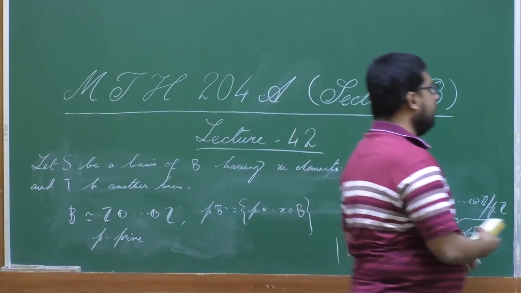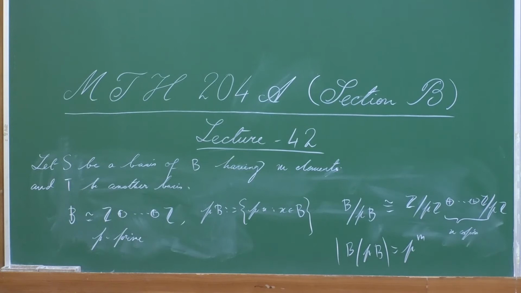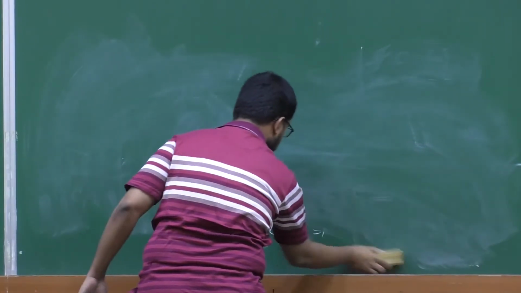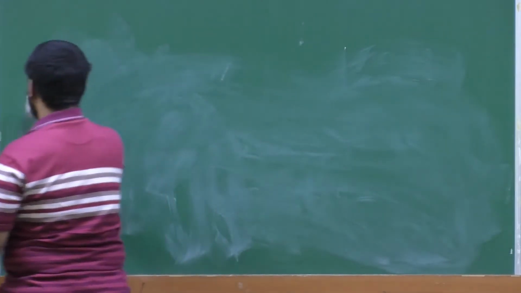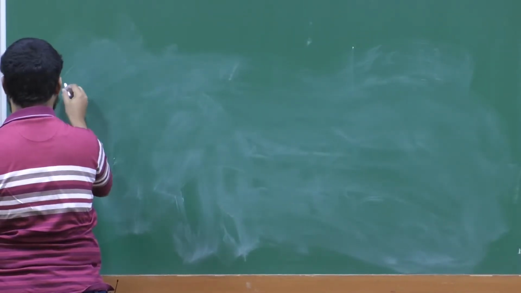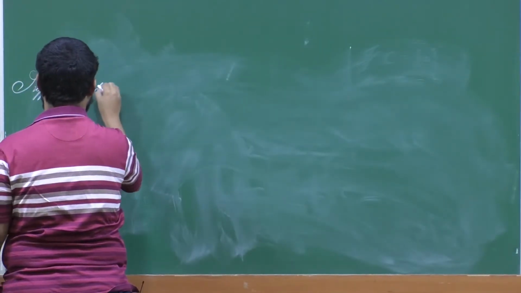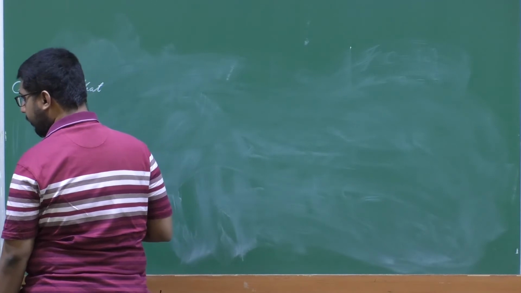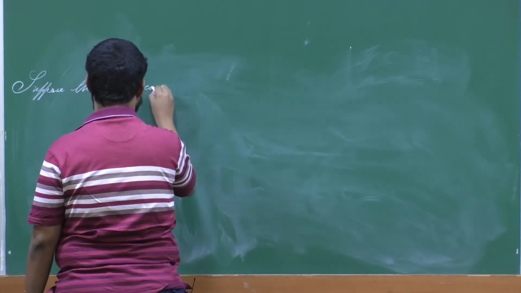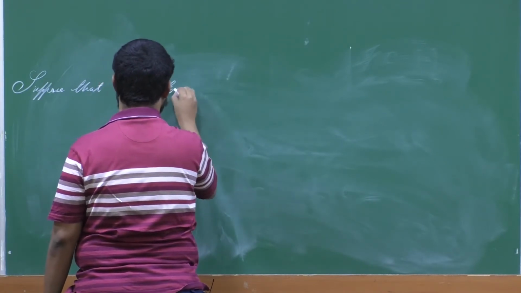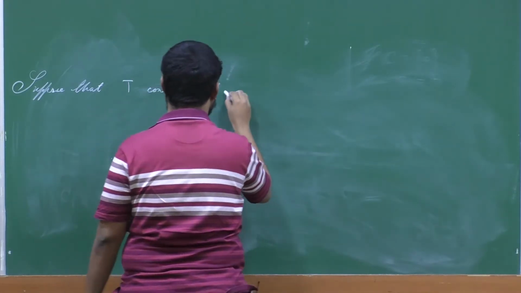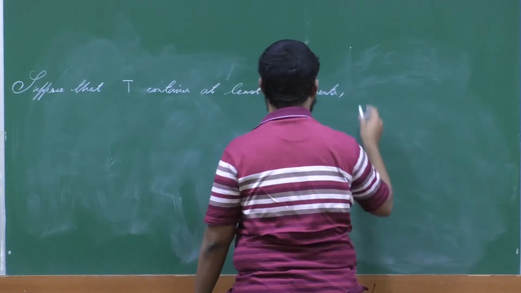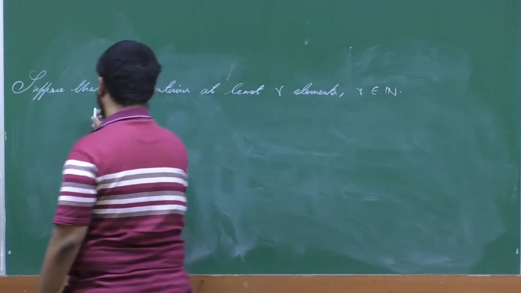Okay. Now, let T be another basis. Suppose that T contains at least r elements, where r is less or equal to m.